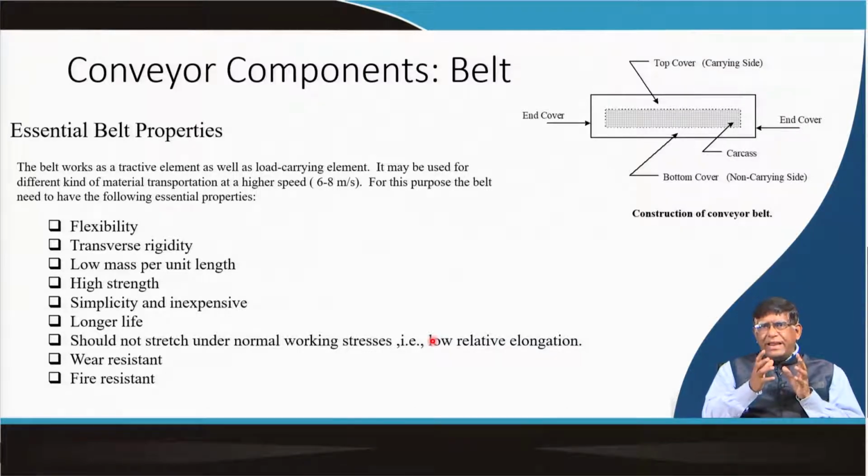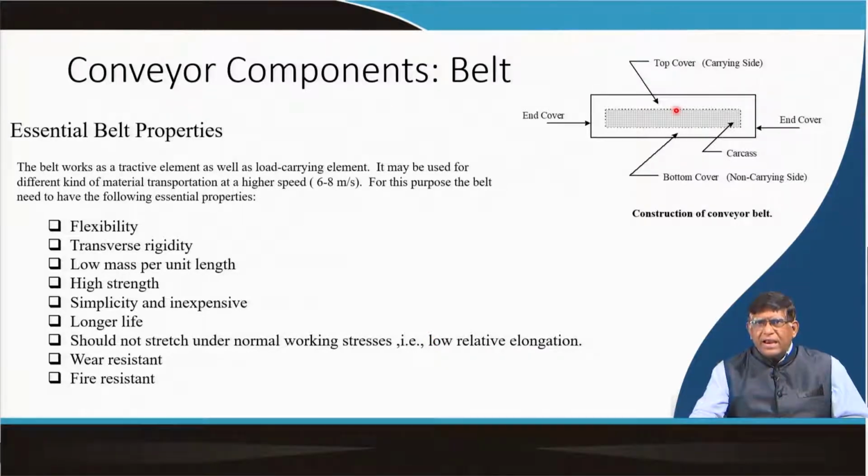So, how will you make the belt to give these properties? There are two types of belt, but before that you must know the general construction of the belt. It will have one carcass, which is the main strength-supporting part that gives strength to the belt, and then there is a top cover, a bottom cover and the edge cover.